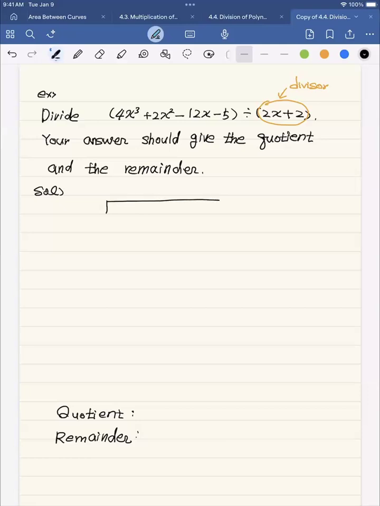When we perform the long division, it looks like 4x cubed plus 2x squared minus 12x minus 5 and 2x plus 2, the divisor on the left side.